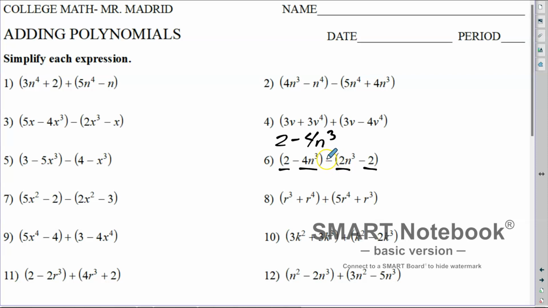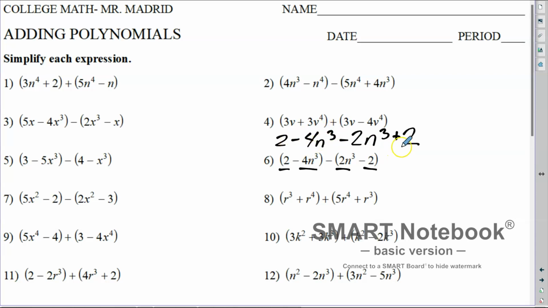Here I have to be careful. This minus must distribute before I get rid of the parentheses, so minus 2n cubed and minus minus 2. I am going extra slow to really hone in on our fundamentals, so that when we get to the tougher ones, you guys are chilling because you've got your foundation. First, I identify alphabetically the first variable, and then I look to the highest degree.